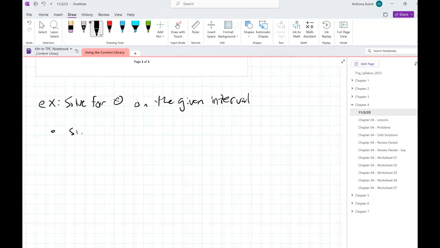So let's say we have sine theta equals 1/2, and we want that from, say, pi over 2 to 3 pi over 2.